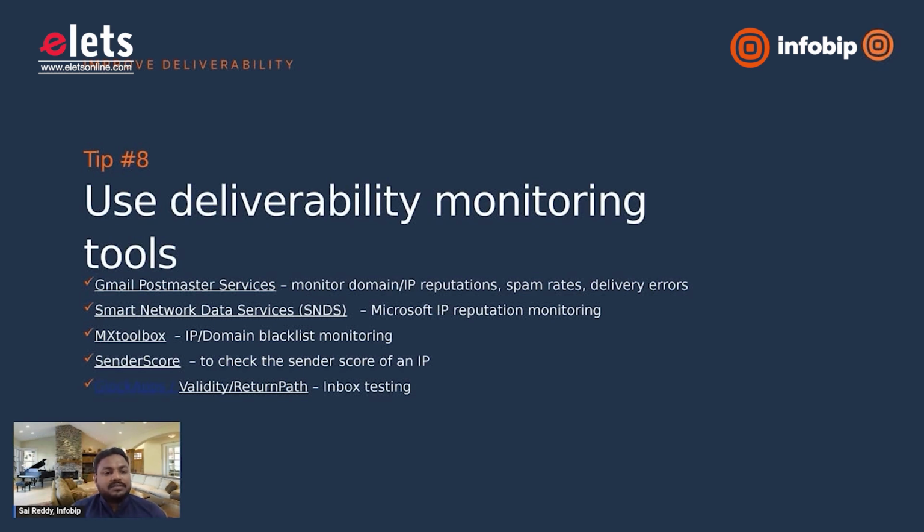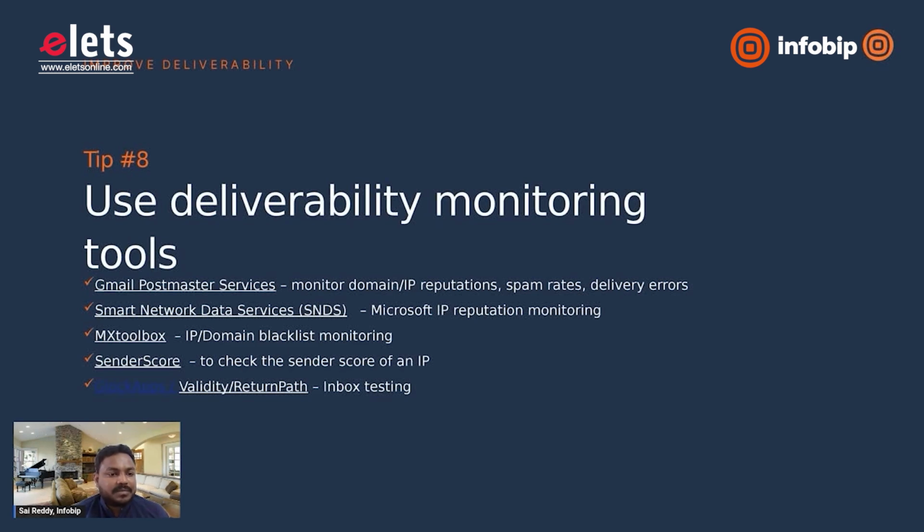So this is the bonus slide from the InfoBip side, and these are the generic tools most deliverability teams and deliverability experts use. The first one is Gmail Postmaster Tools. It will help you to monitor the domain and IP reputation, spam rates, and delivery rates.